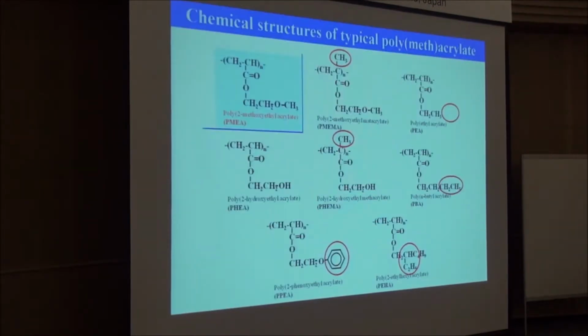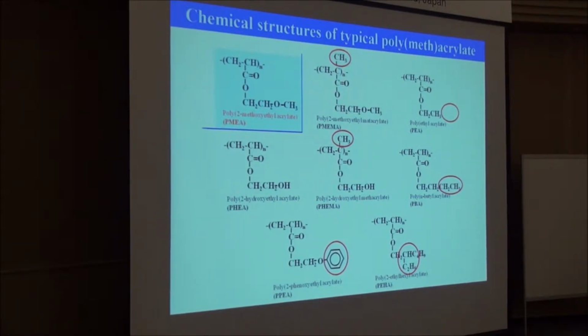And then this is the chemical structure of the material, a typical biomaterial. PMA, like this, has a simple chemical structure. As controls, we synthesized similar chemical structures but different polymers. The side chains are completely the same, but only the main chains are different. Very similar but different.